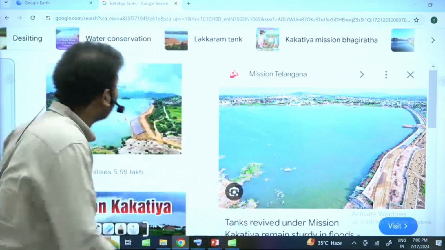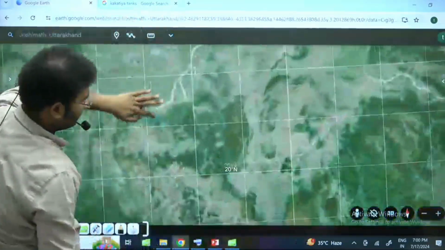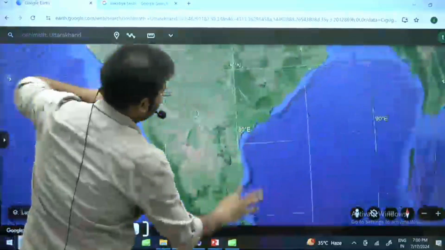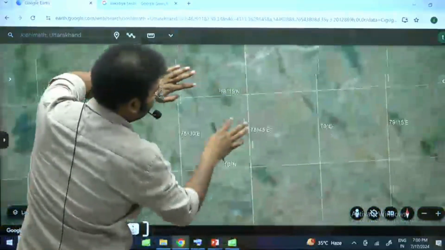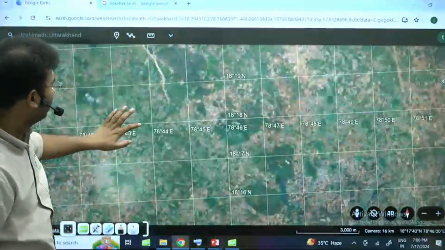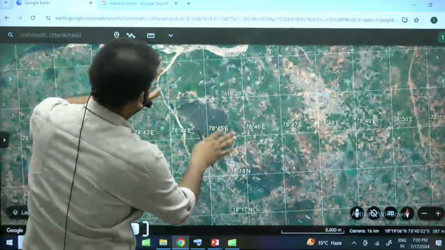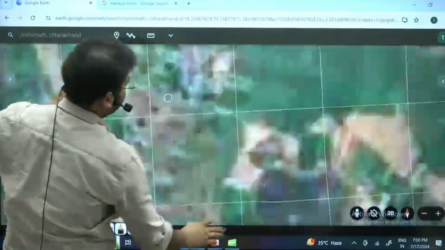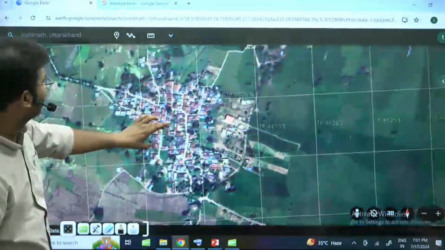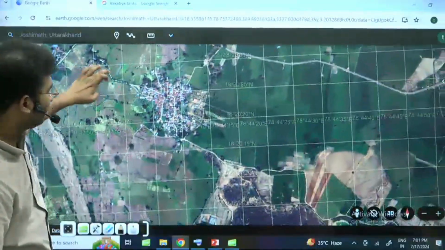So wherever you go, I randomly pick up any area, you'll find a tank in that area. If this is a village, near a village you'll definitely find a tank in the Kakatiya areas.